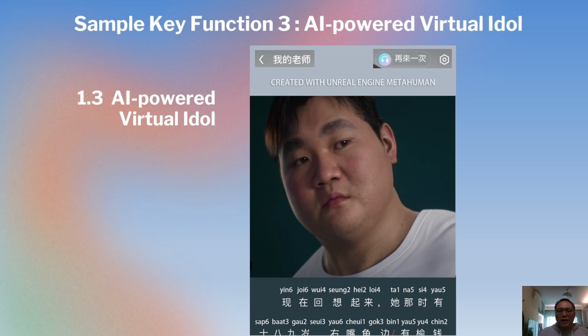So we will create some characters, either female or male, and then there will be around 50 passages in Chinese, and then we'll use a plugin which is a text-to-speech, which is going to be used with the MetaHuman character to read out the tests, and so the learner can actually see a human-like virtual idol read out the Cantonese passage, and then they can learn it from the visual character.